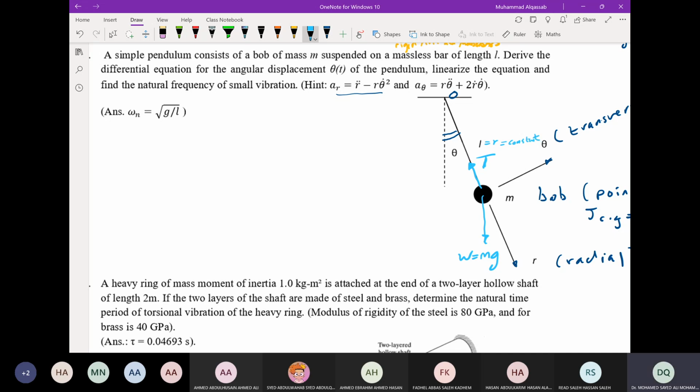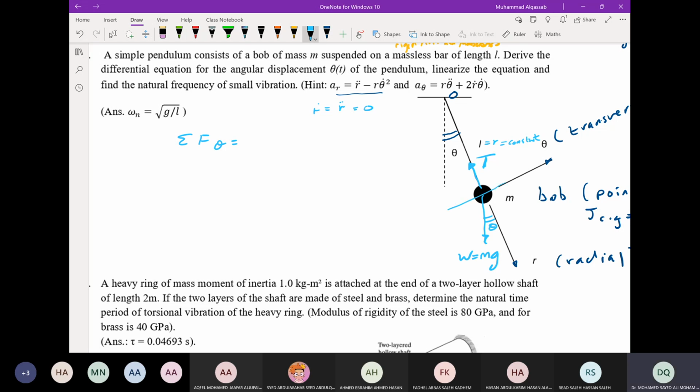So what is R double dot? It becomes equal to 0, exactly, because R is constant and R equals L. Then sum of forces in the theta direction, and the theta direction is the transverse.